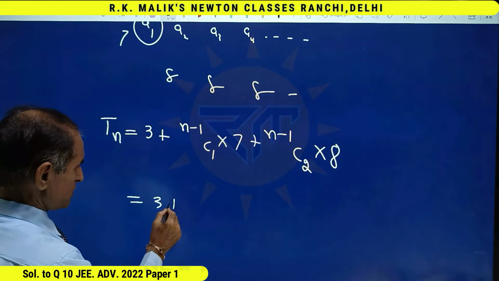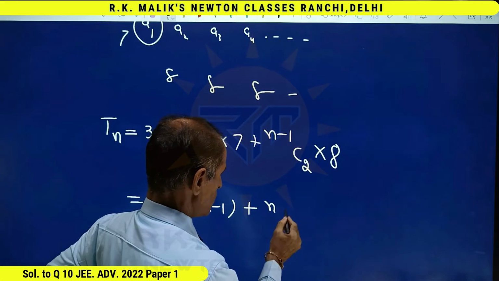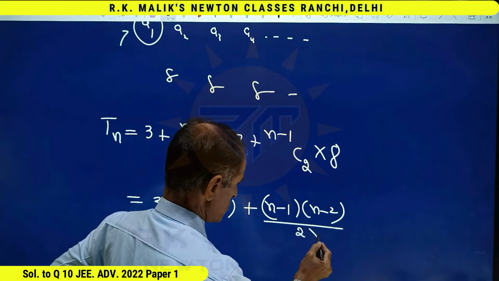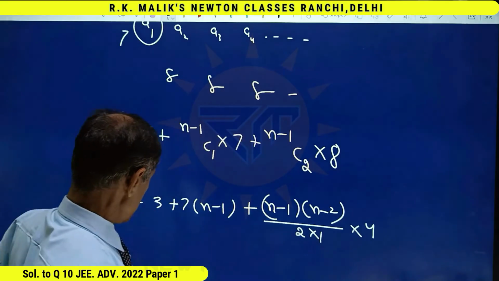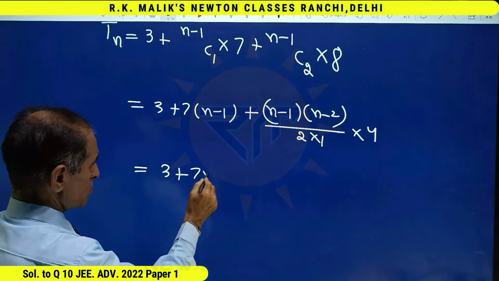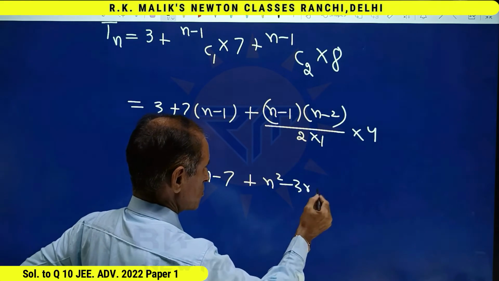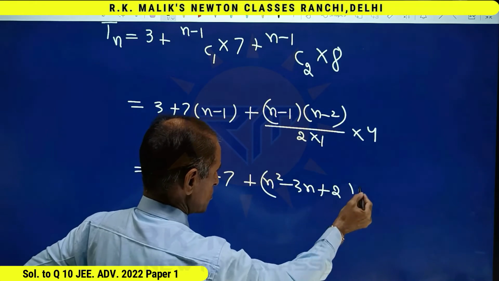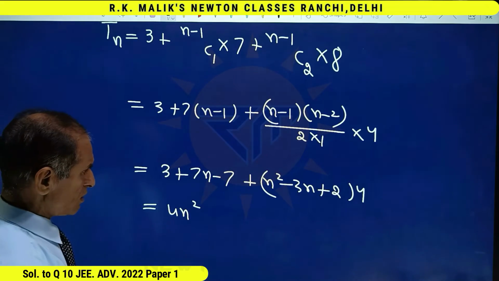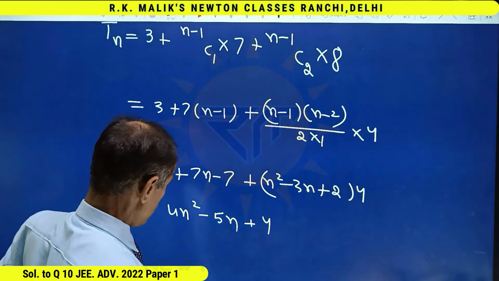That is 3 plus 7 into n minus 1 plus ... that is 4n square minus 5n plus 4.